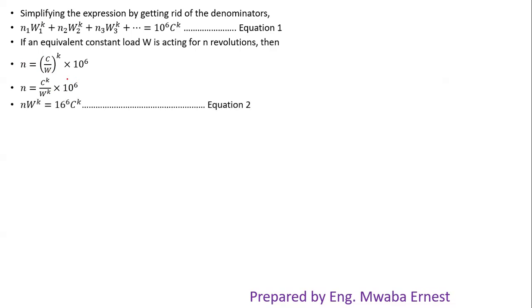So that is why I have N W power K. Here it's like we're trying to explain where this came from. Then 10 power 6, then there's a K. This becomes our equation number 2. Equation number 1 was that.